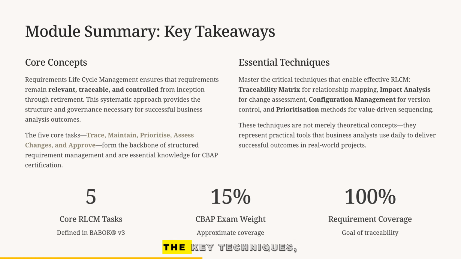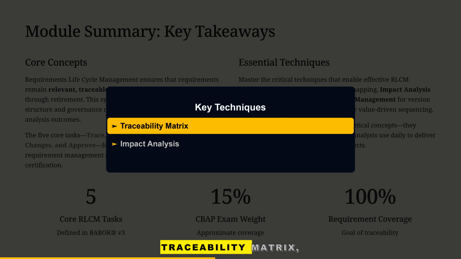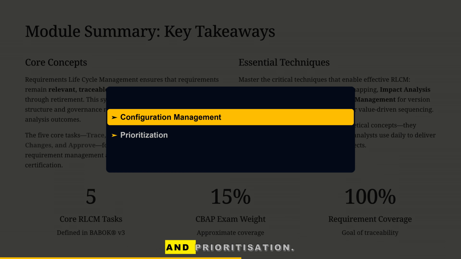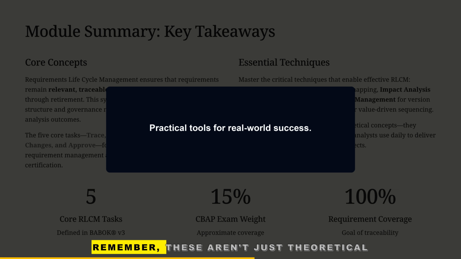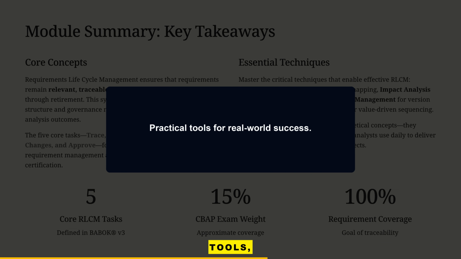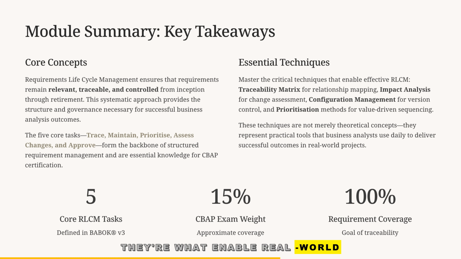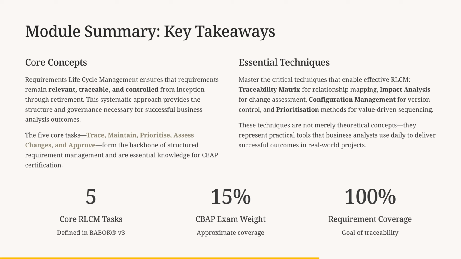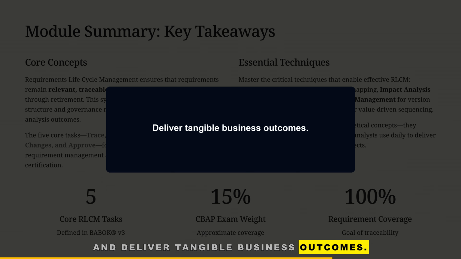We also learned about the key techniques: traceability matrix, impact analysis, configuration management, and prioritization. Remember, these aren't just theoretical tools, they're what enable real-world success, ensuring your projects stay aligned with strategy, avoid costly rework, and deliver tangible business outcomes.